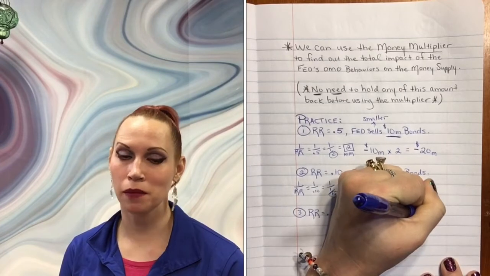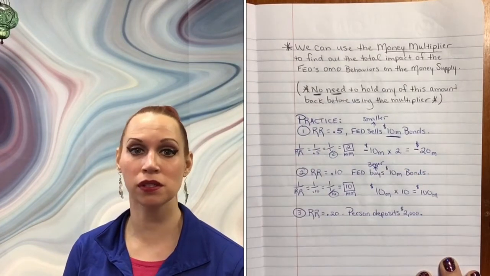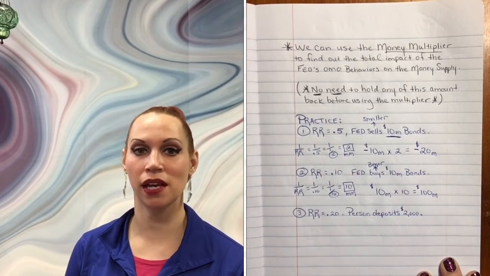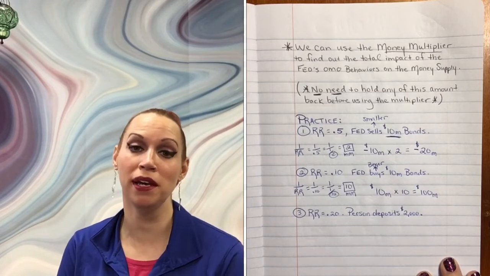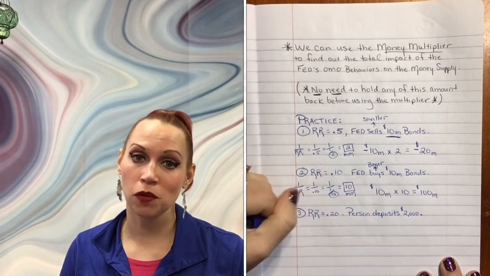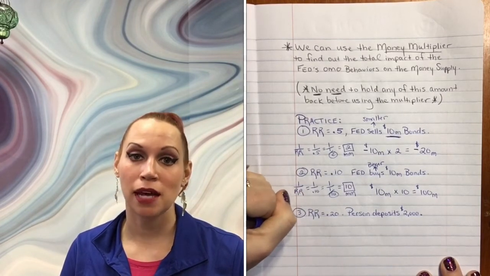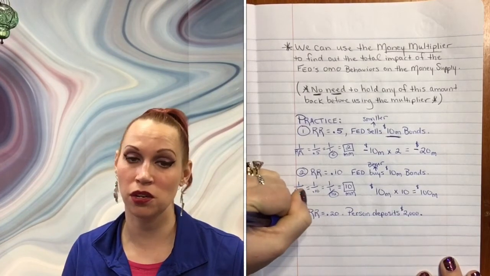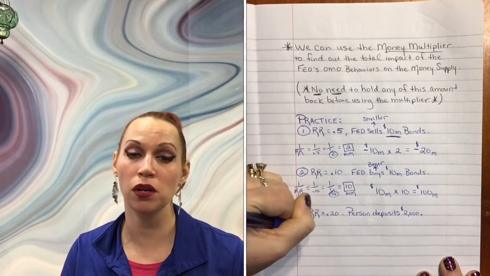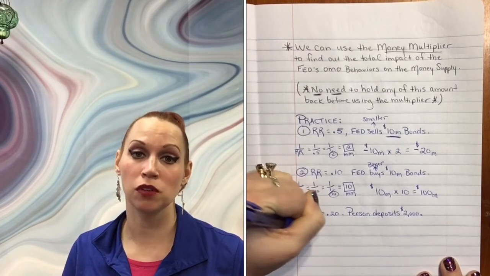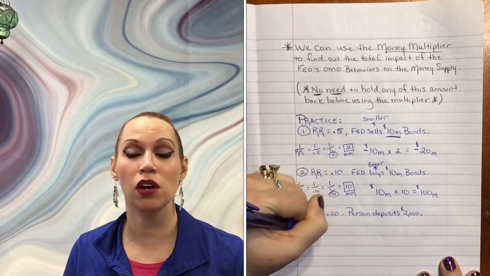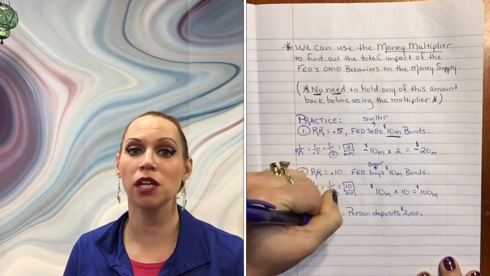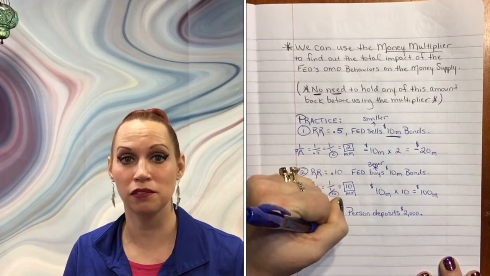Finally, one last quick example with the money multiplier. Suppose we're not talking about the actions of the Fed. Suppose a person just walks into their bank and they decide to deposit $2,000 in their checking account. If the reserve requirement is 20%, then that means that our money multiplier is going to be 1 over the reserve ratio or the reserve requirement, which is 1 over 0.2. 1 over 0.2 is going to be 1 over 1/5, and so our money multiplier is going to be 5.